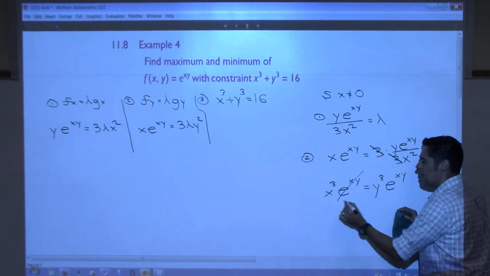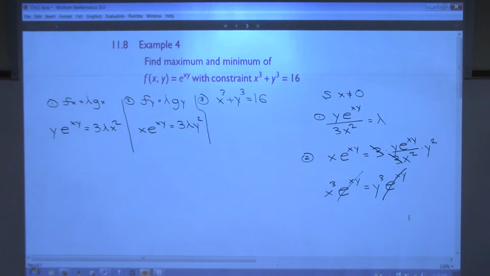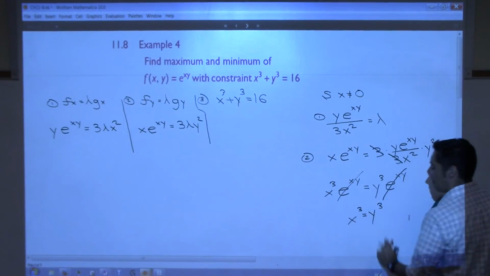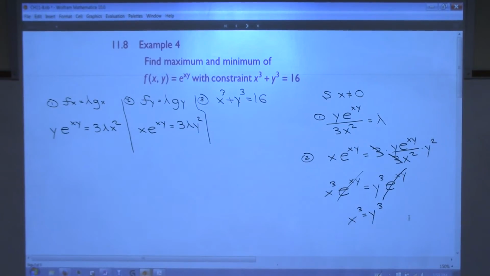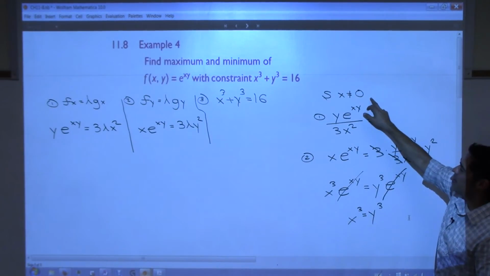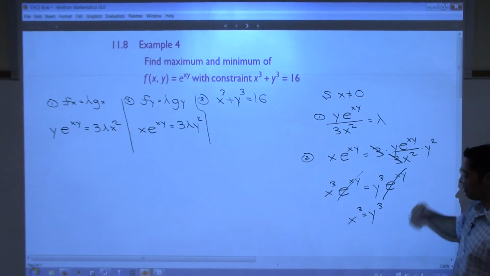So I can divide this out safely without any concerns. Which means x cubed equals y cubed. x cubed must equal y cubed. So far, that's what I've got. If x is not 0, then to satisfy things, x cubed has to be y cubed. Now, where can I go from here?